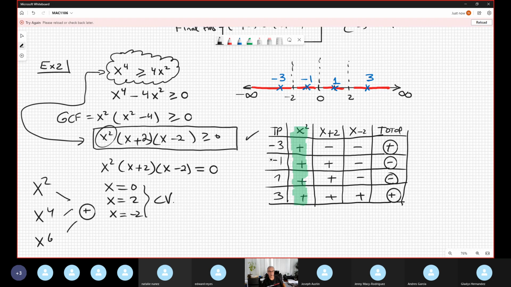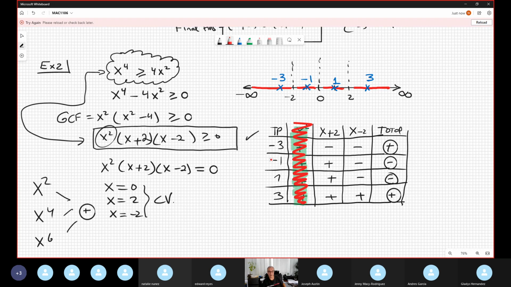So it's totally useless to use it in the table. You put in the table only the factors that can change the sign. So in the future, not now, you delete this column.